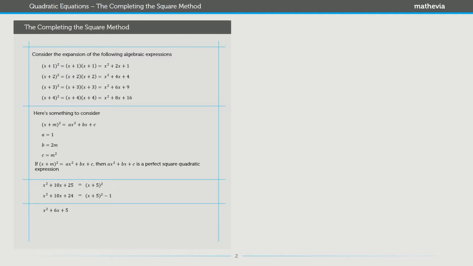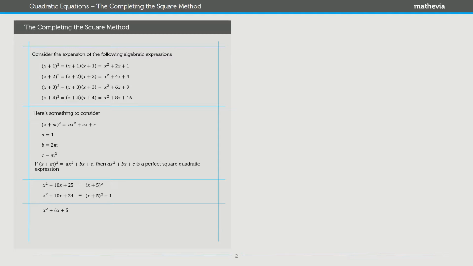Basically you'd go 6 divided by 2, that will give you 3. So if this is a perfect square expression, the number on the end should be 3 squared, and 3 squared is 9. But in this case we actually have 5, so this is not a perfect square expression. Our perfect square expression in this case would be x squared plus 6x plus 9.